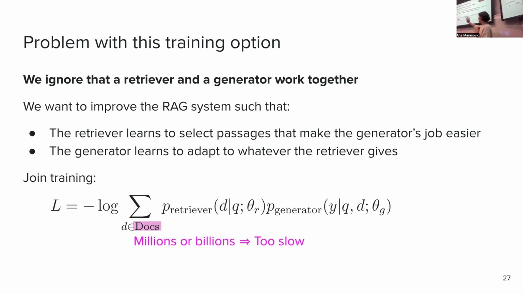And we do that for every single document in the data store. I could have asked why this is problematic, but the question is silly. Obviously, our data store will have millions or billions of documents, so going over all of these for just a single query becomes terribly slow. This is too much computation for getting the loss for a single query.